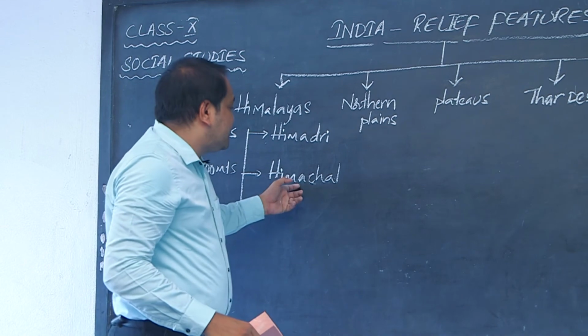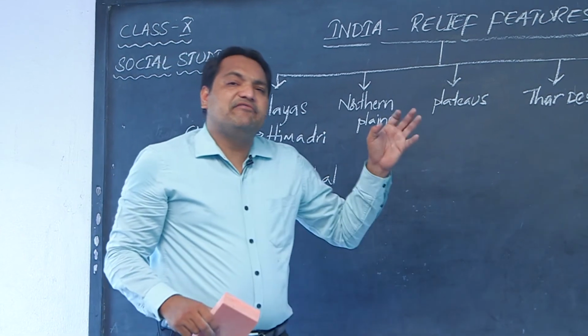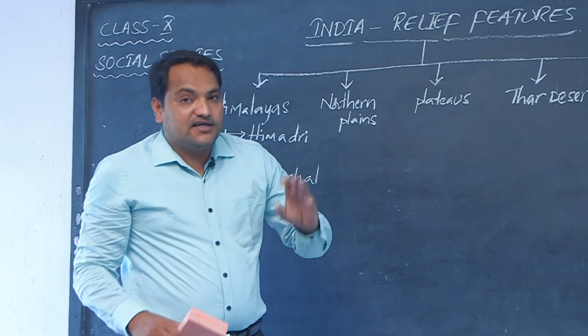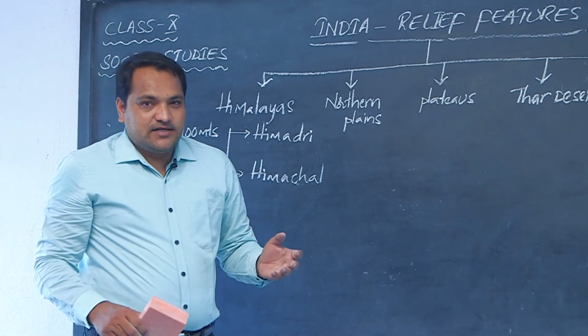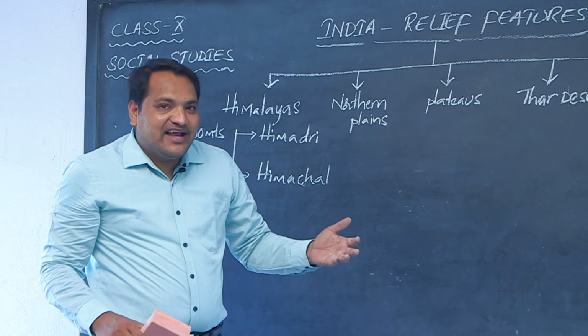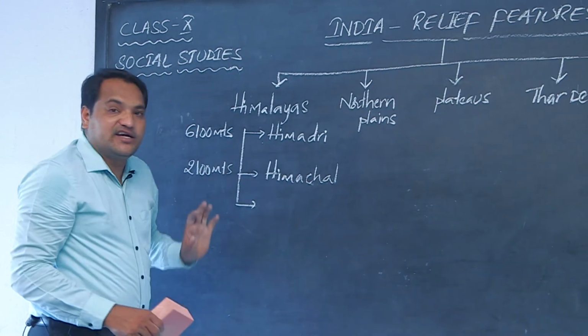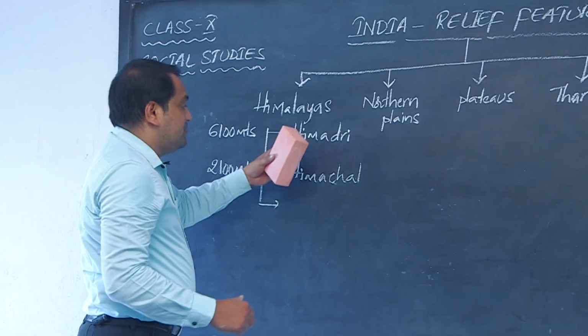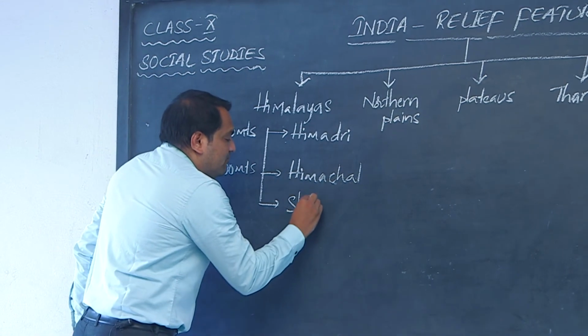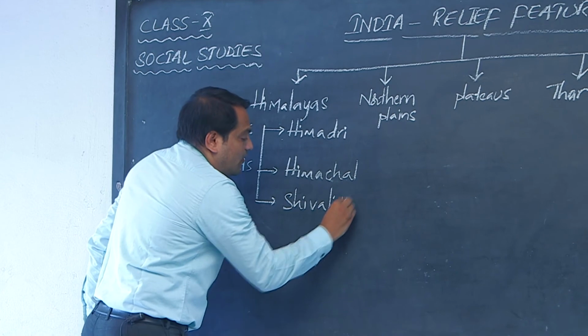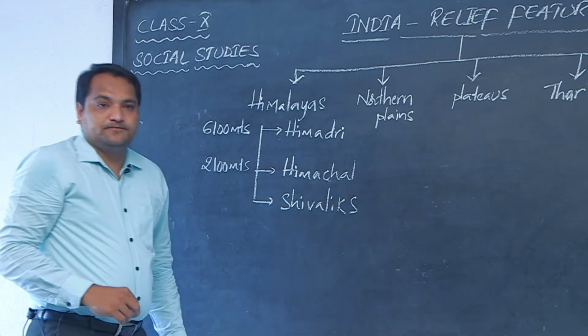These Himachal mountain ranges are very popular for the hill stations located there: Darjeeling, Kulu, Kashmir Valley. Himadri, Himachal, and the third range of Himalayan mountains is called Shivaliks.